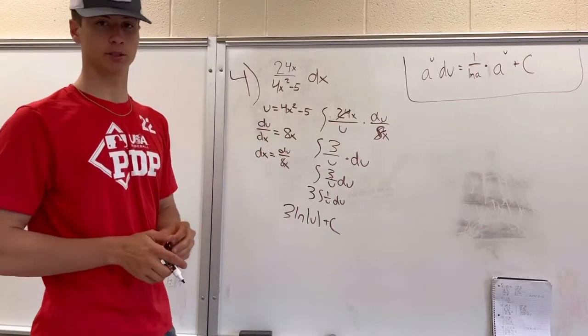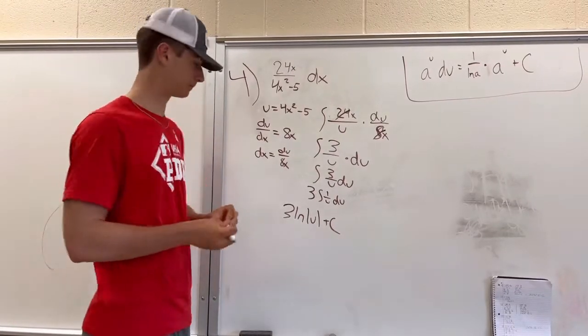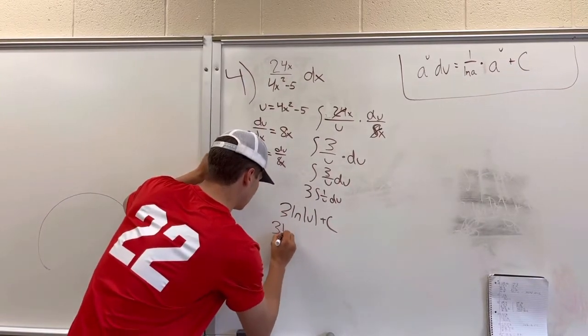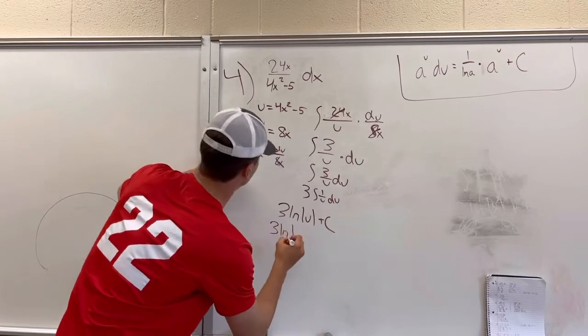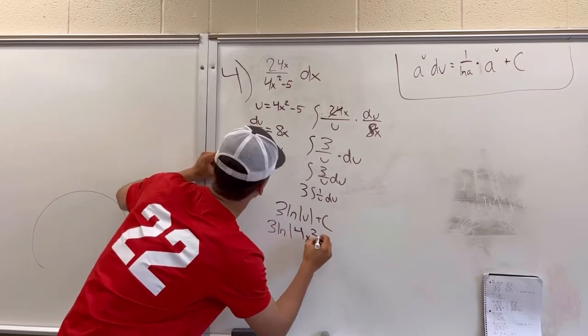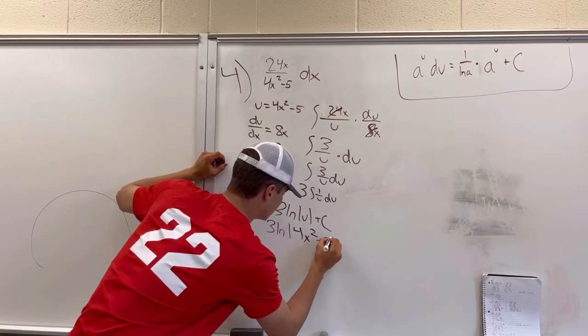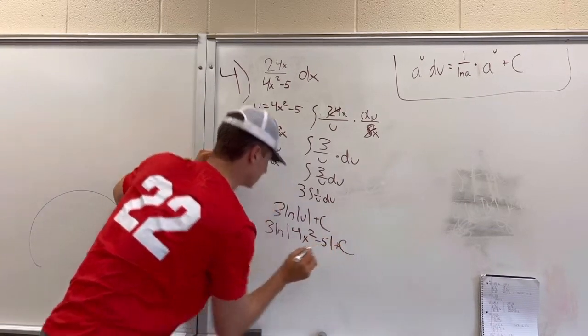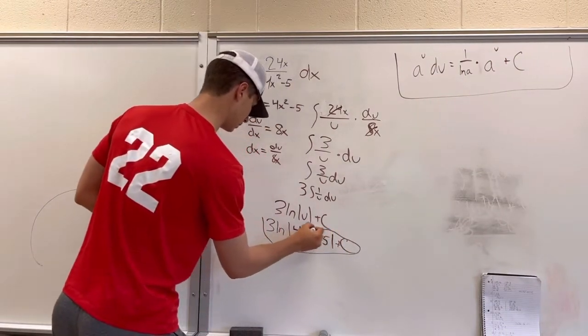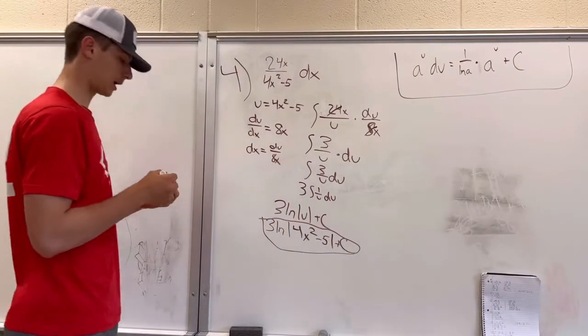Plug in the starters, as Mr. Kim would say. It would just be 3 ln of 4x squared minus 5 plus c. And that would be our final answer for that.